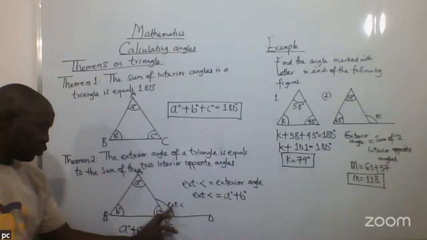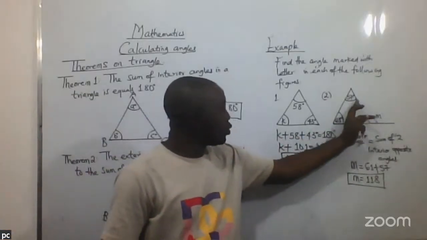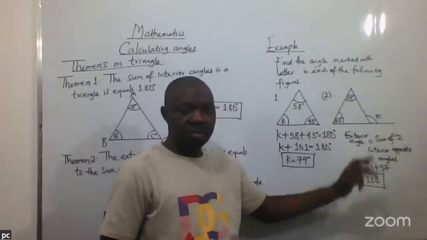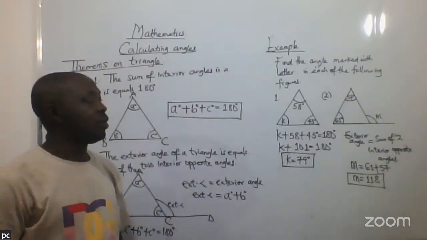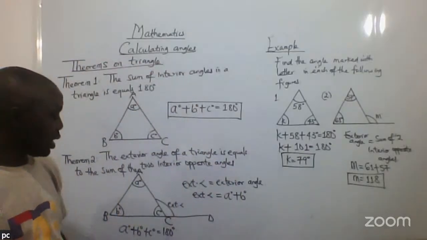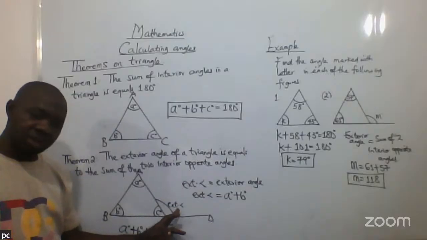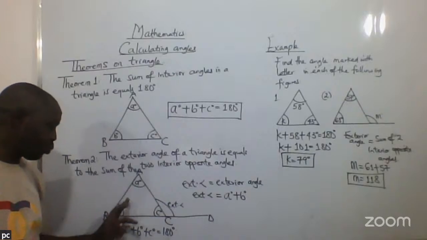So this angle will be equal to A plus B. Look at what we have here: n equals 57 plus 61. I said this is the exterior angle, and this angle is equal to the sum of these two interior opposite angles, that is A plus B.